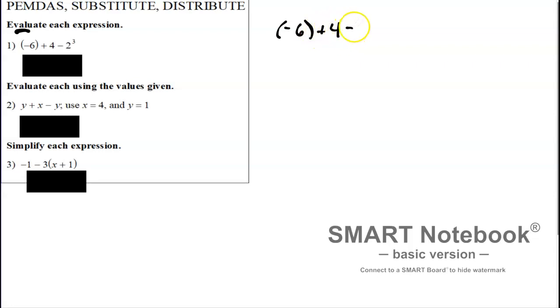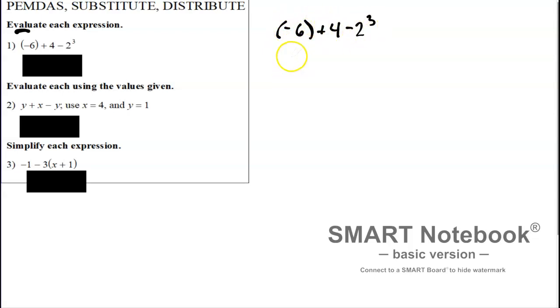You write the problem in your notebooks, okay? Now, when I look at this, I ask myself, am I ready to use PEMDAS? Sometimes it's not ready, okay? Like here, you might have to substitute first. But here there's nothing else, so PEMDAS says parentheses, but there's nothing happening. Next, exponent, okay?